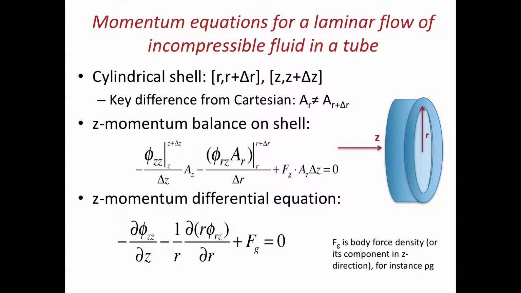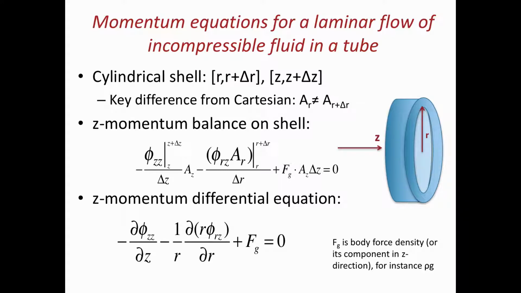And any force. Okay. So here I have gravity force, technically with the dot product here. Technically, I should actually put this as the FGZ, as in this is the z component of it, projected. So this is also general for any body force that is working on the fluid.